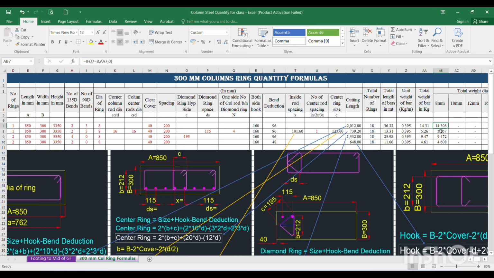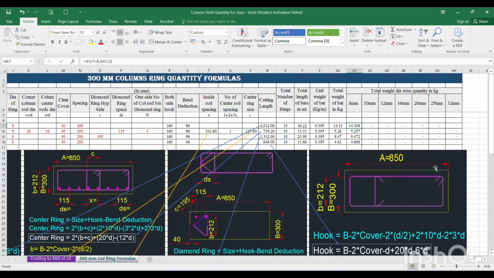If you want to learn this if condition formula, please watch that video to learn this formula feeding. Similarly, for 8 mm, 10 mm, 12 mm, 16 mm, we need to enter this formula for all the dias. But because we are taking only ring, only the 8 mm answer will come. If ring is changed to 10 mm, then 10 mm will come. Not more than that, so the others are not required.